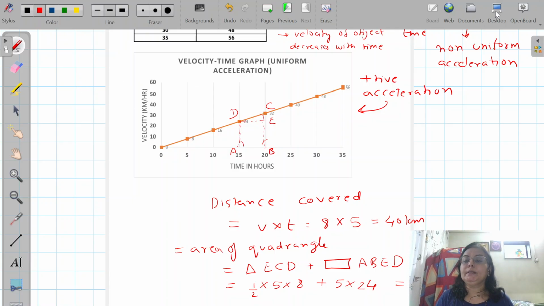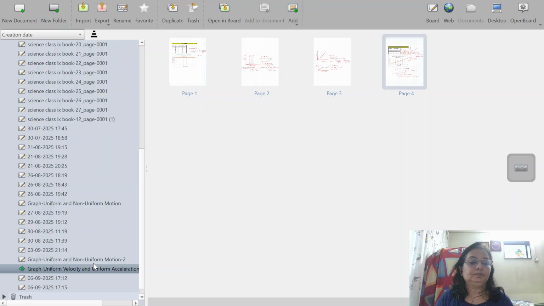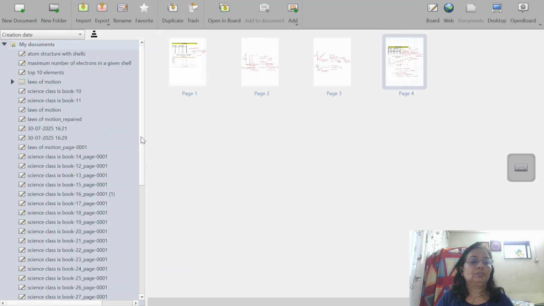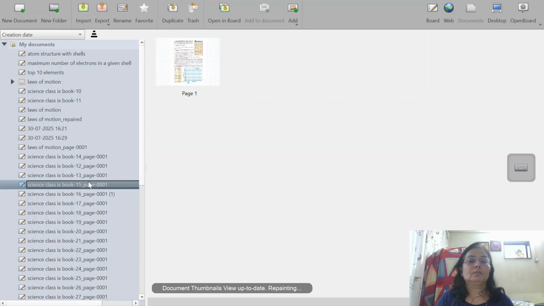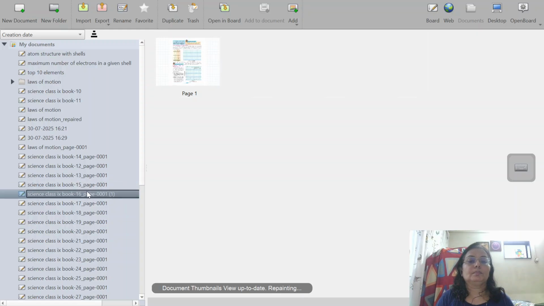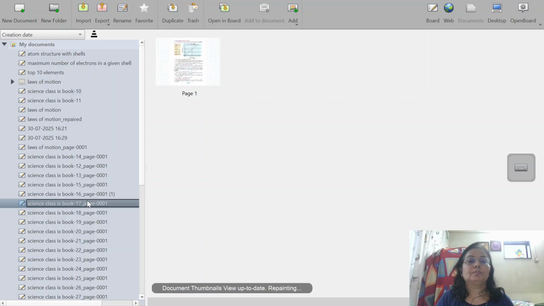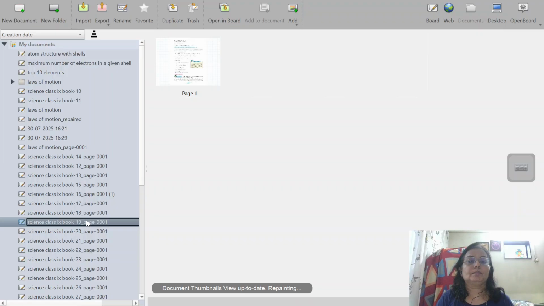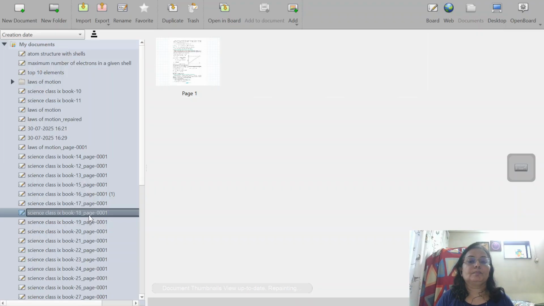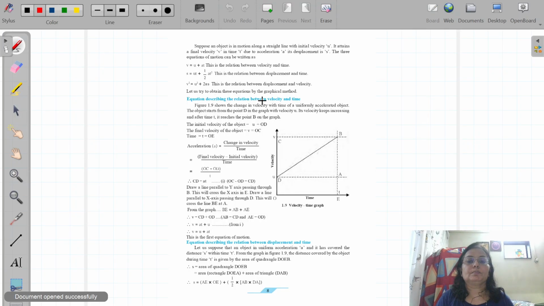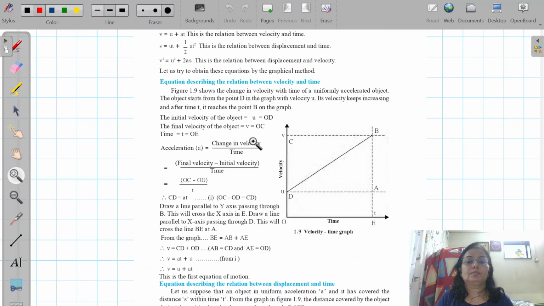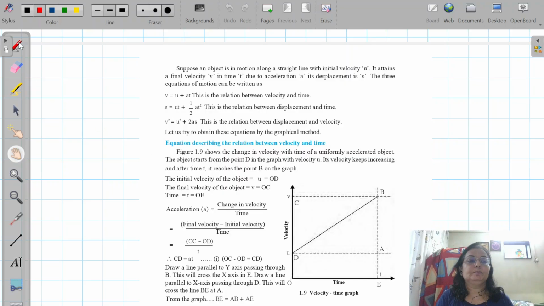Moving on to our next topic. We are going to cover Newton's equations of motion.